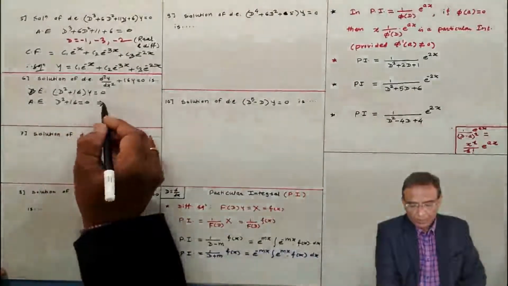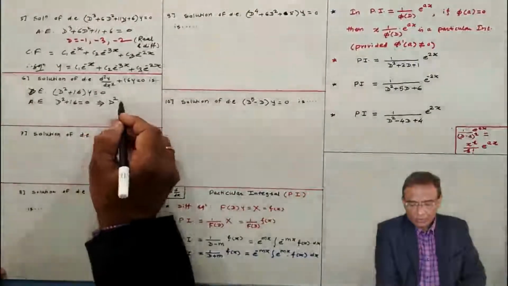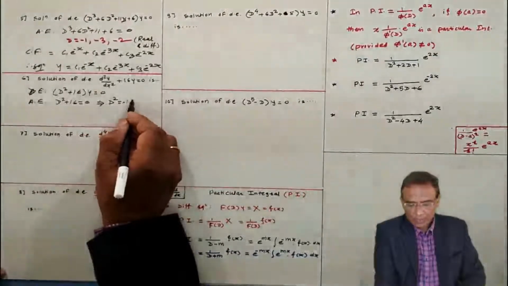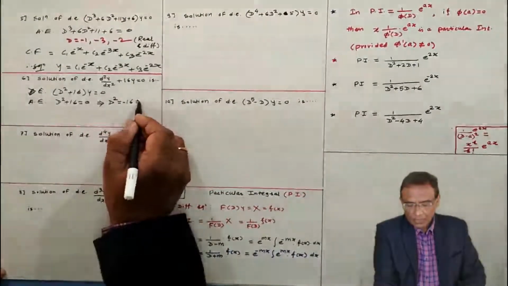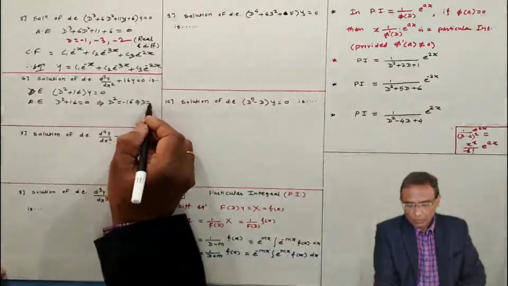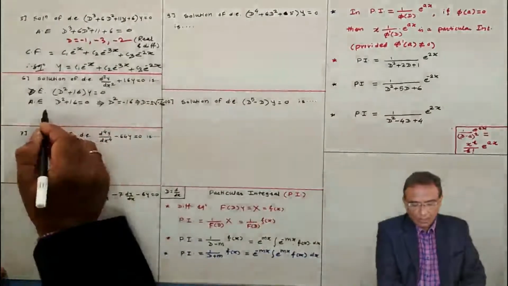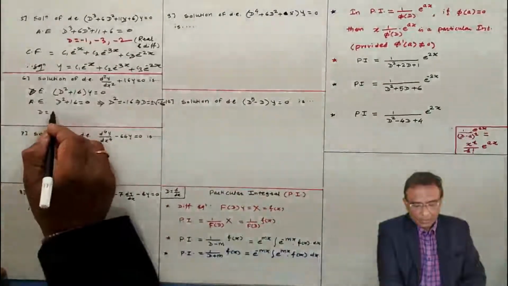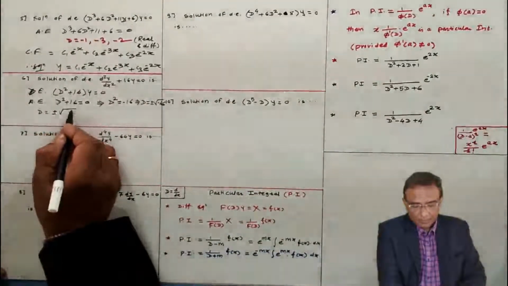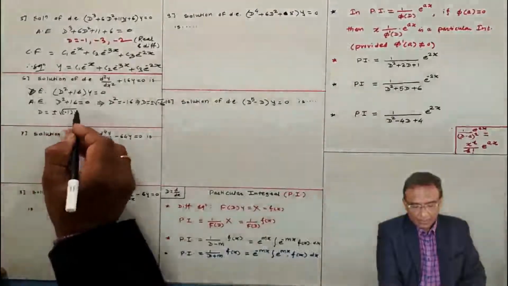This implies, you can use the calculator also, D square equal to minus 16, and this implies D equal to plus minus under root of minus 16. This is minus 16, you know.